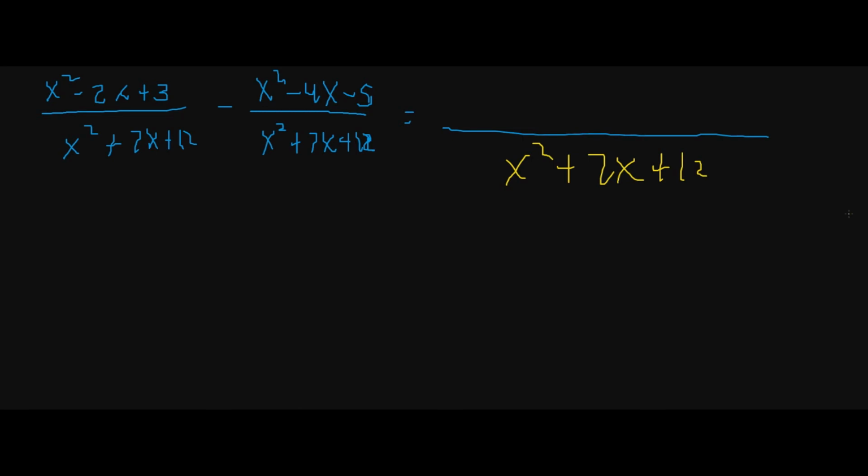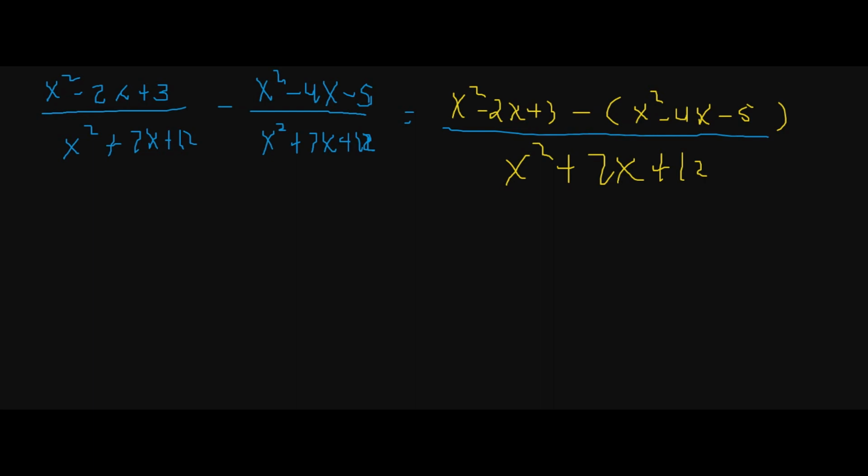Then I'm just going to write the first term, x squared minus 2x plus 3, and I'm going to do minus this entire second expression on the numerator.